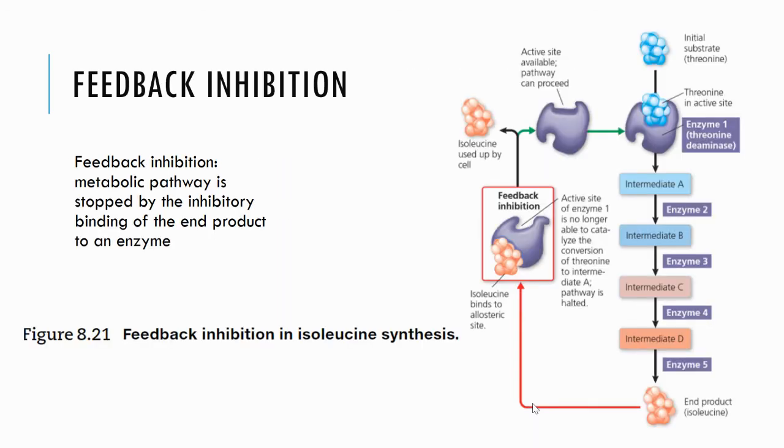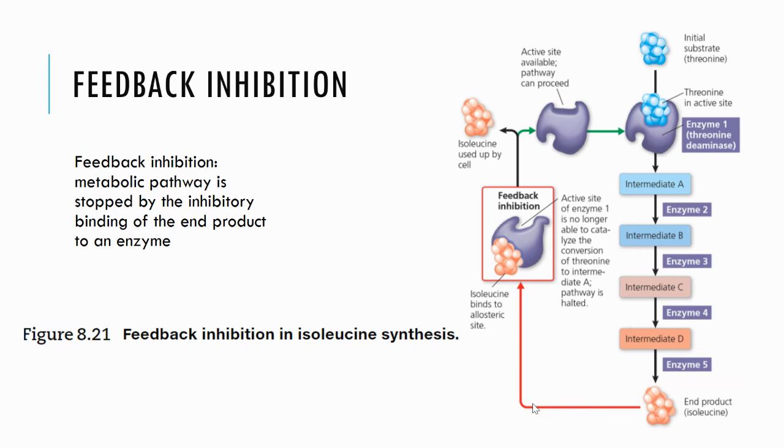We also need to look at feedback inhibition, where a metabolic pathway is stopped by the inhibitory binding of the end product of the enzyme. This is an example of the feedback inhibition of isoleucine, which is one of the amino acids.